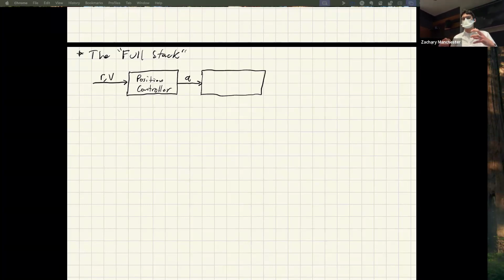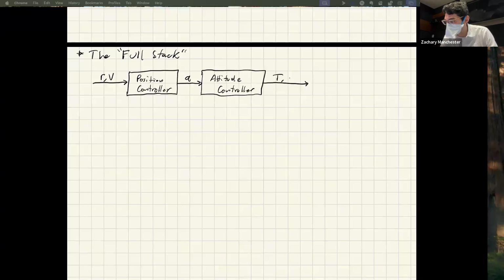And then it sends acceleration commands to an attitude controller that then turns those into thrust and gimbal angle commands. So these we'll call T and theta. And those get run on the rocket.